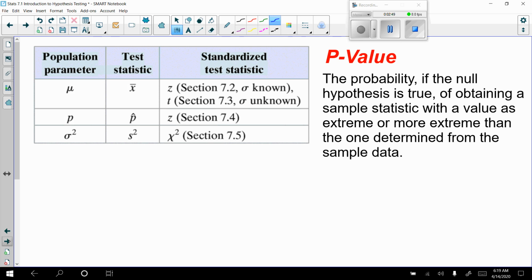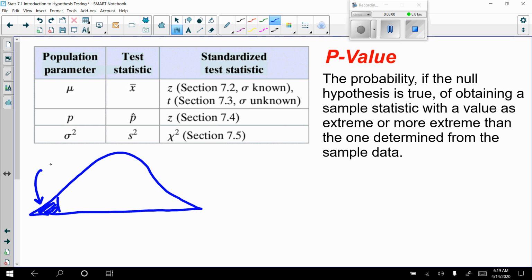The next important term is called a p-value. So when we have a distribution and we shade in that portion, that is our percent. That's actually what the p-value is. The p-value is the proportion that we're trying to show is unusual.